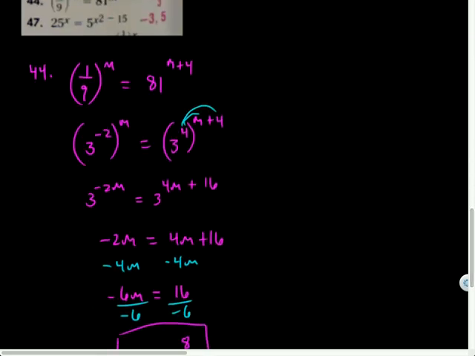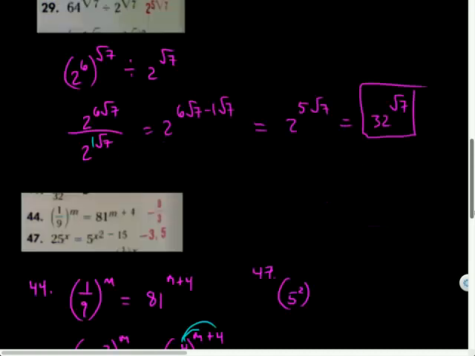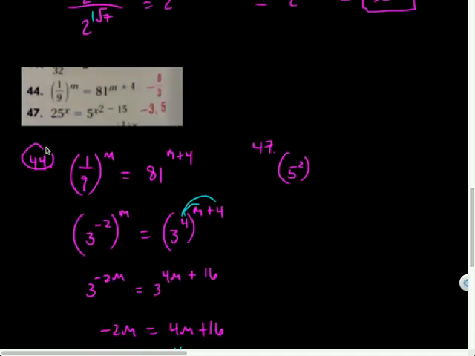And then for 47, I'll at least get us to the setup. 25 and 5 can both be written in terms of powers of 5. 25 is the same as 5 squared. I'll write that over here. Don't I normally circle the problem? I just suddenly switched. Oh well. 5 squared to the x equals 5 to the x squared minus 15.